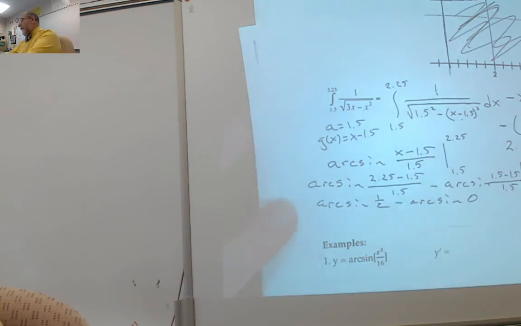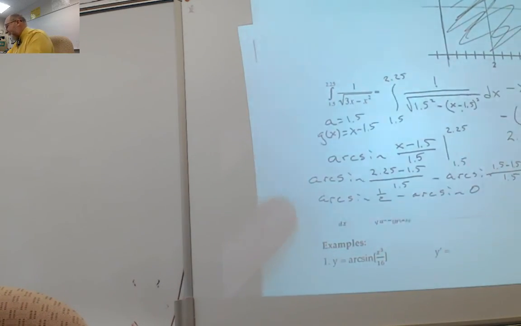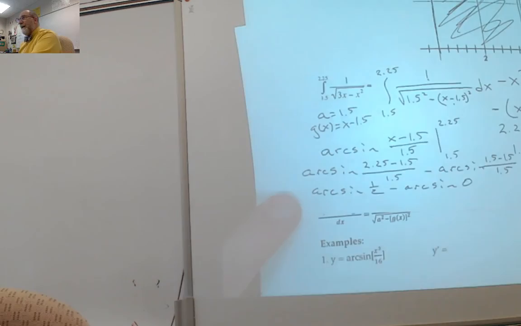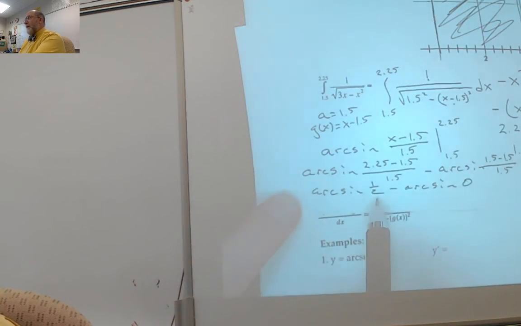All right, here's the hard part. And I'm having such a good day. What angle measurement, right? That's a ratio. What angle measurement, the sine of what is a half? See, this is the kind of stuff you don't get to use a calculator on. The sine of what is a half? Give a hint. It's got pi in it.